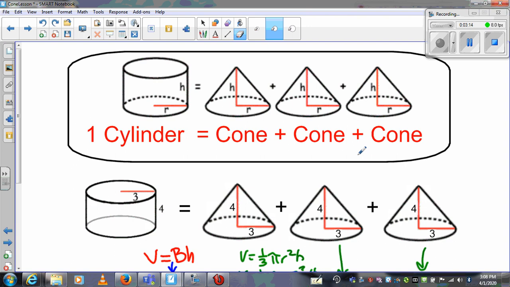Or you could say a cone is 1/3 of a cylinder. So I'll say that one more time. The cylinder is the same as 3 cones in terms of volume. Cylinder is equal to 3 cones. Or you could reverse that and say a cone is 1/3 of a cylinder.